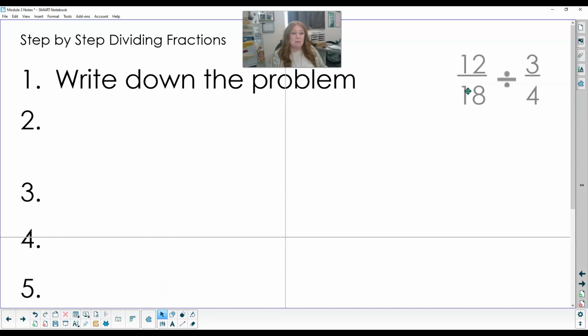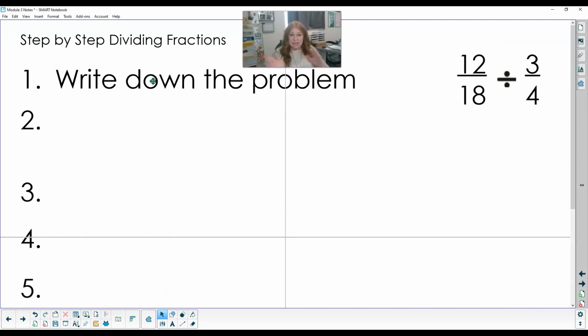So we're going to do the problem 12/18 divided by 3/4. This is what we have. I have 12/18 of a pound of chocolate chips, and I want to put them into 3/4 pounds in a bag. Okay, so write down the problem.